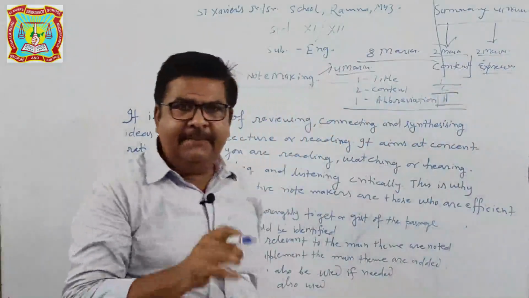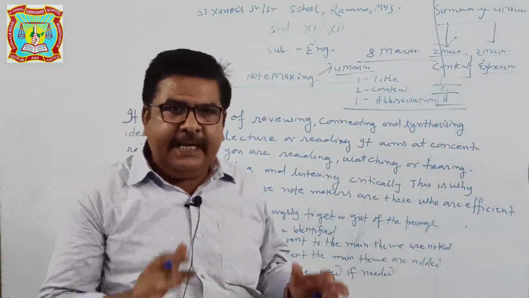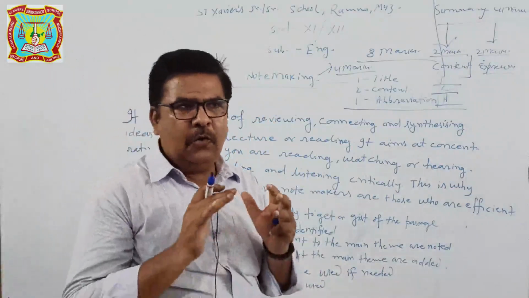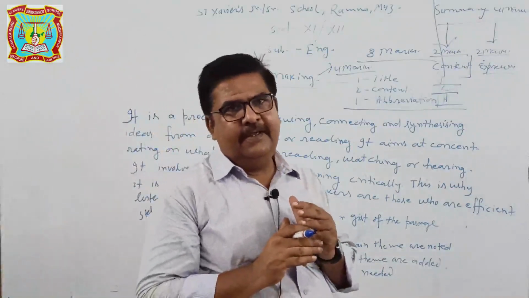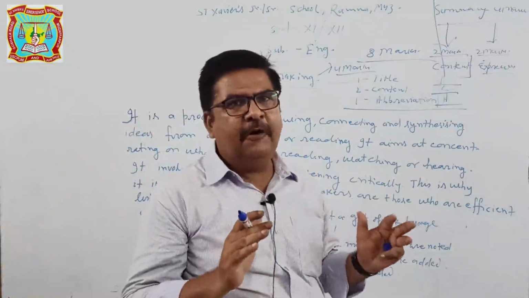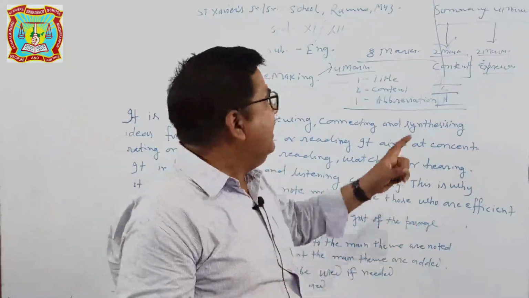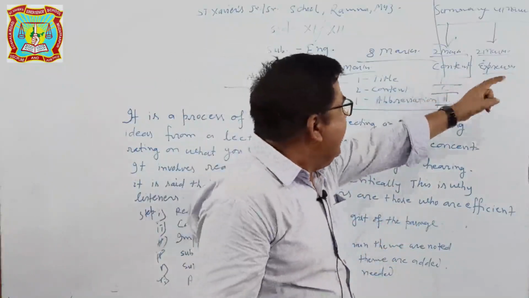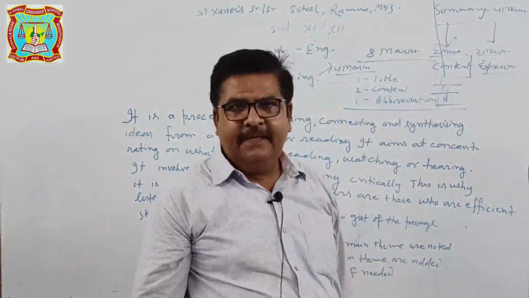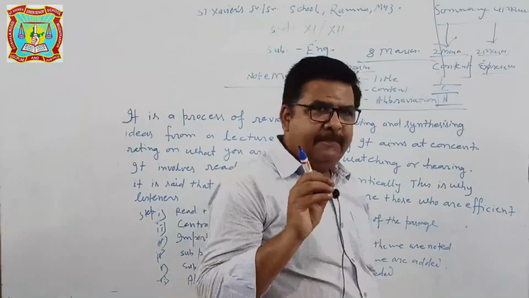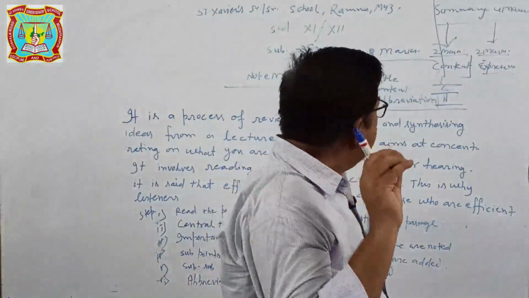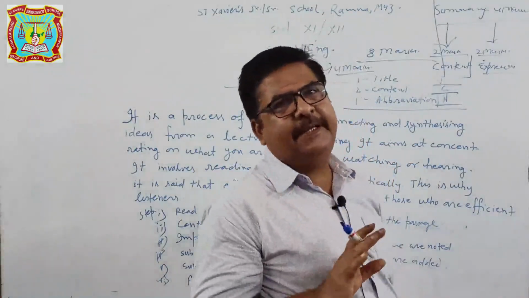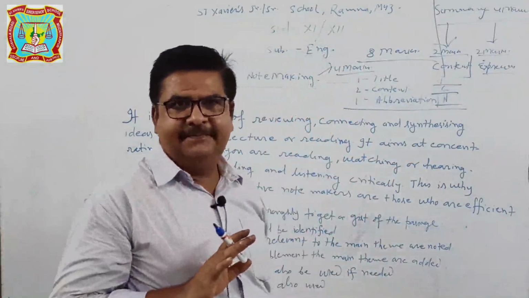By content I mean the relevant facts, the relevant ideas, how coherently you put them in the form of summary will constitute content. The next is expression. In expression, your grammatical errors, basically your grammatical errors will be taken into consideration.